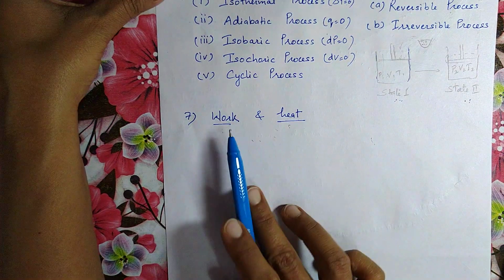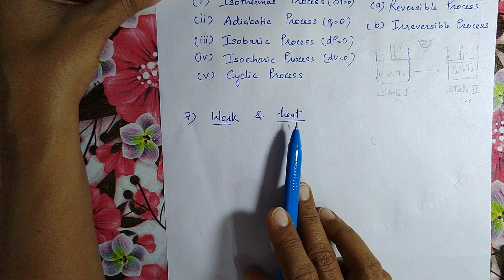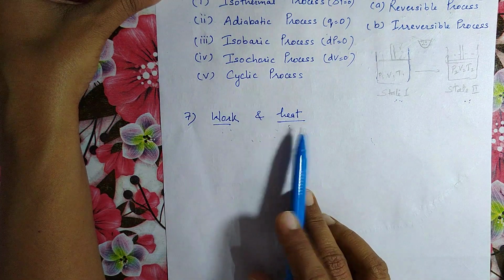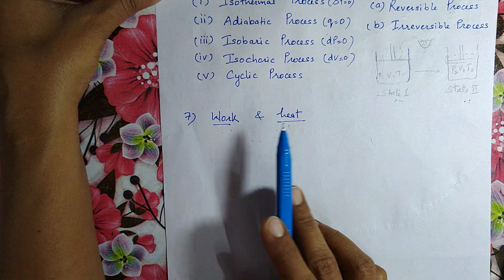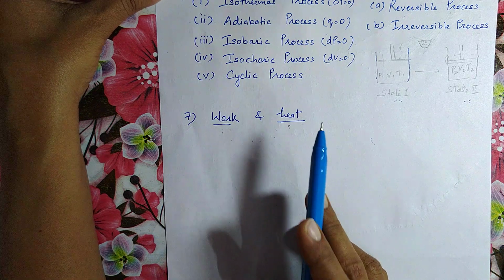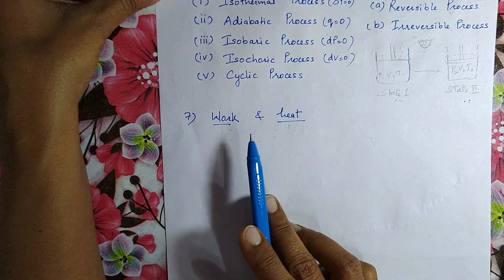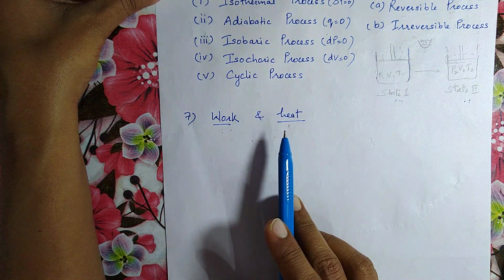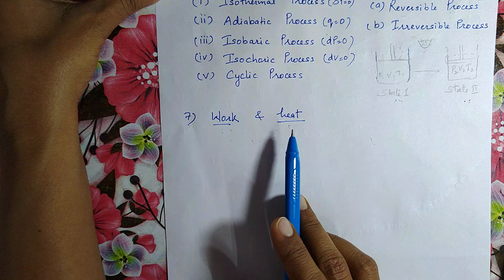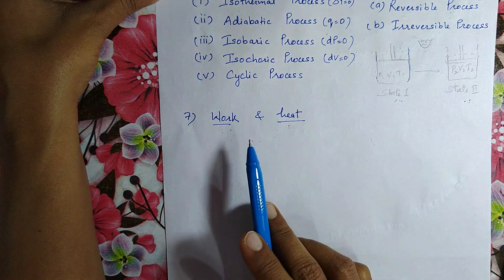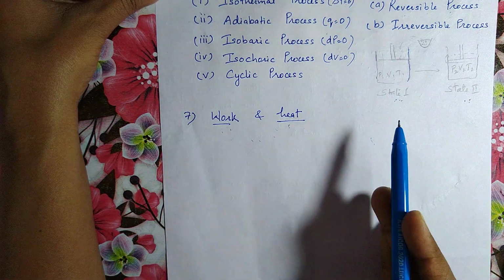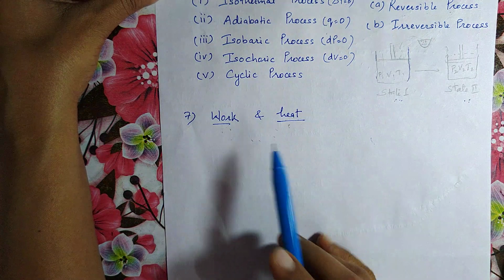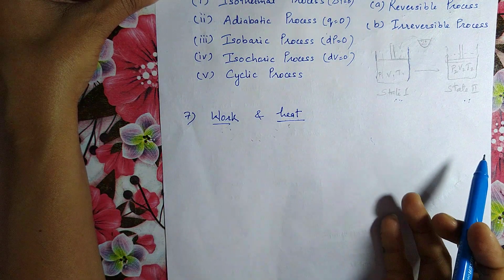Then come to the next term, that is work and heat. What is work and what is heat? Both are ways of energy transfer. The SI unit of heat and work is joule, right? Heat is the random form of energy.